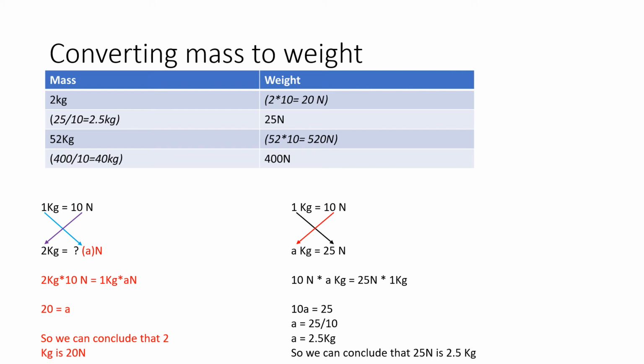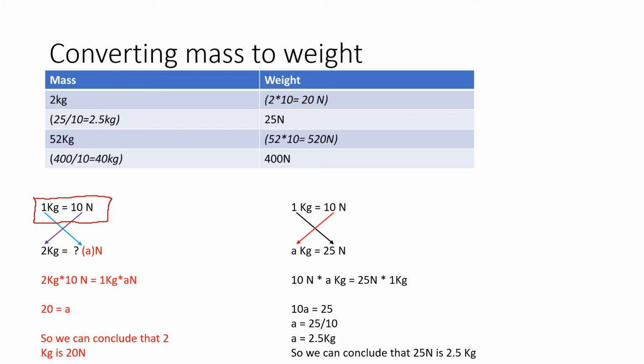Alright, so now let us do some conversions. You all need to know how to convert kilograms into newtons and newtons into kilograms. So look at the first example over here. First, you need to write down the golden rule that we learned earlier. 1 kilogram is equal to 10 newtons. Then 2 kilograms is equal to how many newtons? In order to do this, we have to cross multiply.